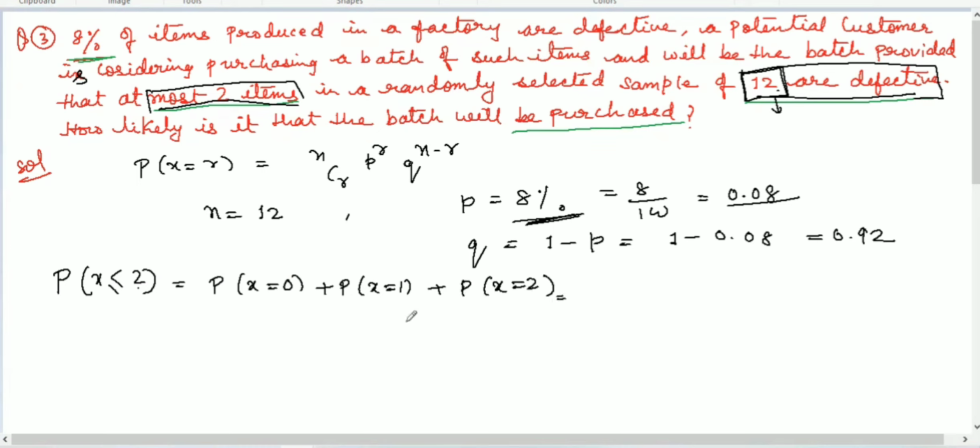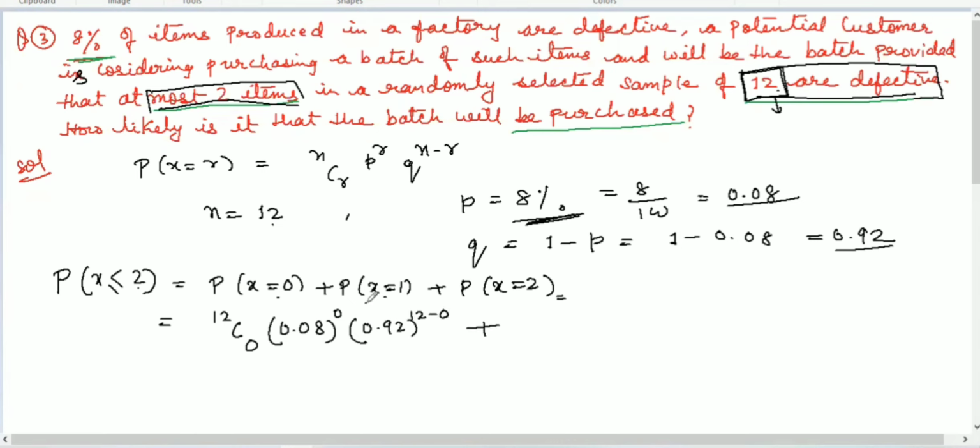We will stop it here. Now write down the formula, nCr. 12 is the n, and r is 0, so 12C0, probability of success 0.08 to the power 0, and probability of failure 0.92 to the power 12 minus 0.